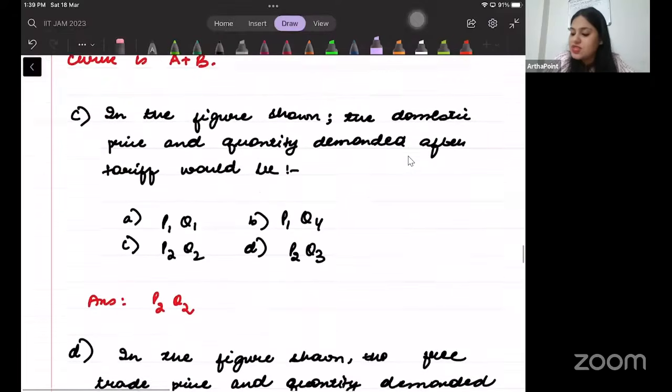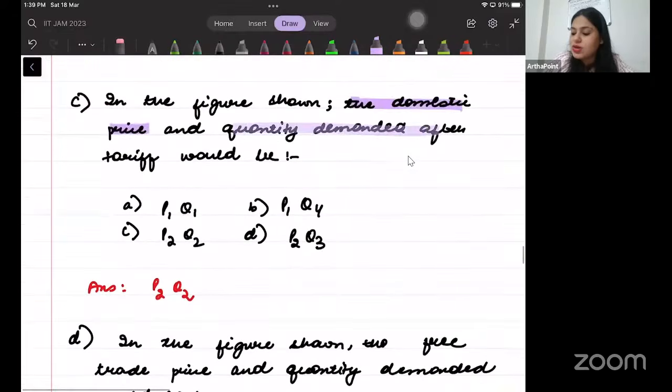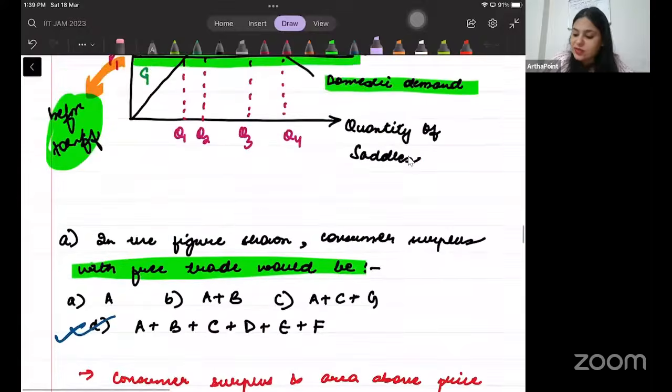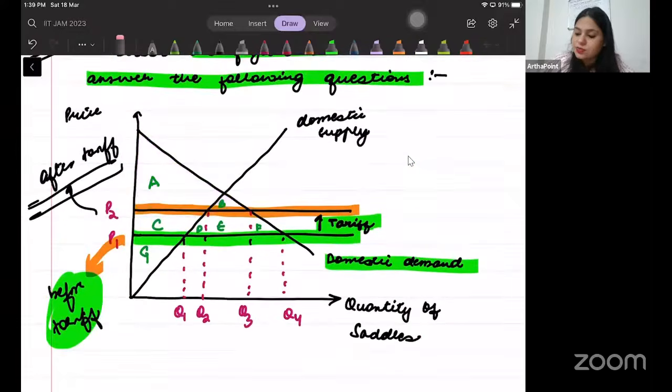It says domestic price and quantity demanded after tariff. I'll just go back and see. After tariff, the price is P2. This is the price. If you notice, at this price, supply is this much. And at this price, demand is this much.